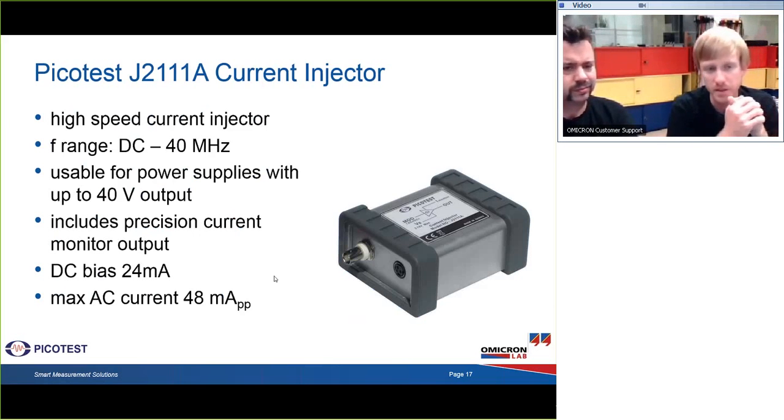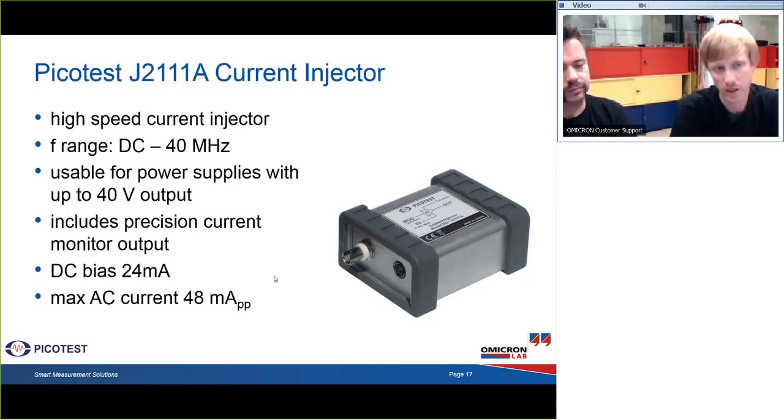It's usable for power supplies with output voltages up to 40 volts, and includes the current monitor output, and that's the nice thing. So you don't need a current probe. You can just connect the current sensor output directly to the Bode 100, and it's normalized on the 50 ohms input impedance you can select for channel 1, so you get 1 volt per amp, a direct measurement. You don't have to worry about any correction factors.